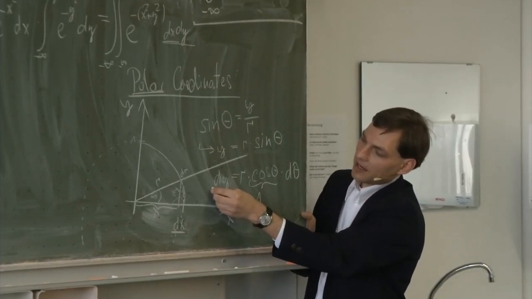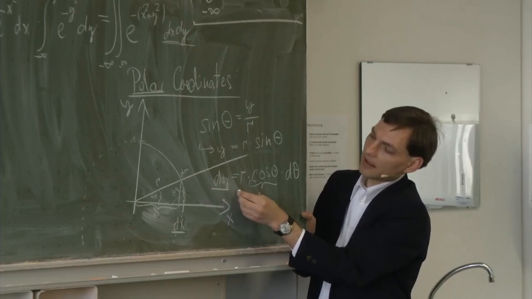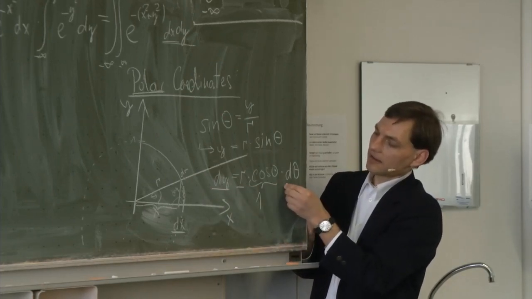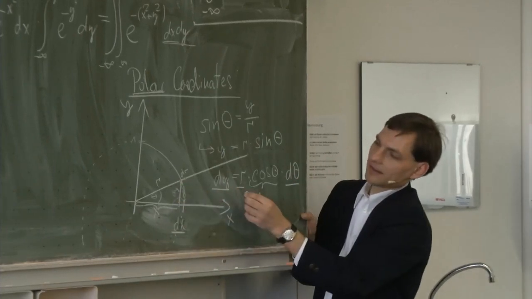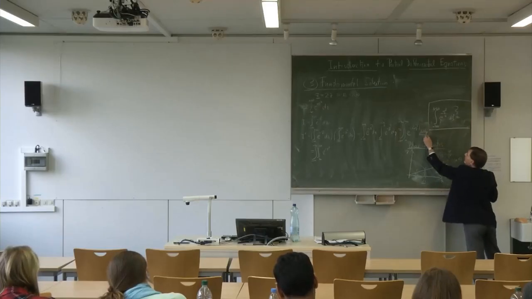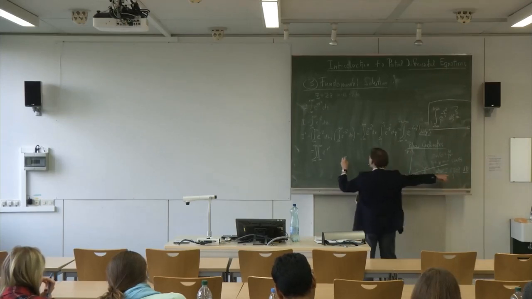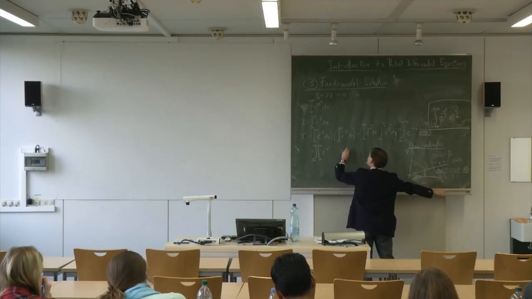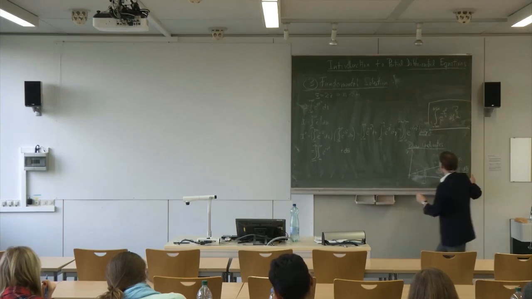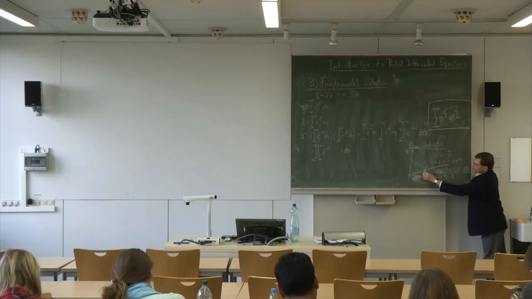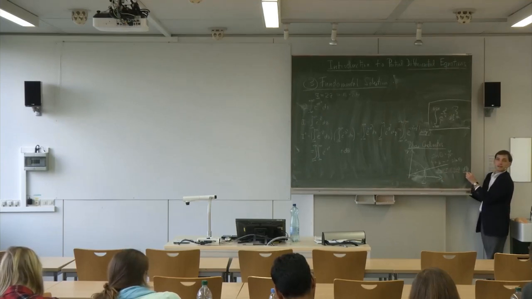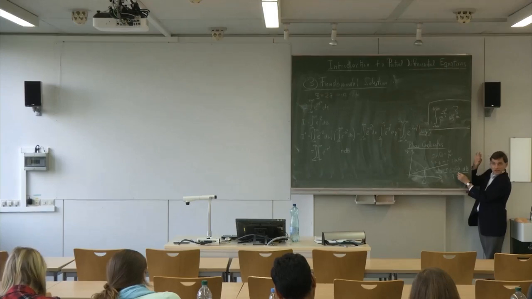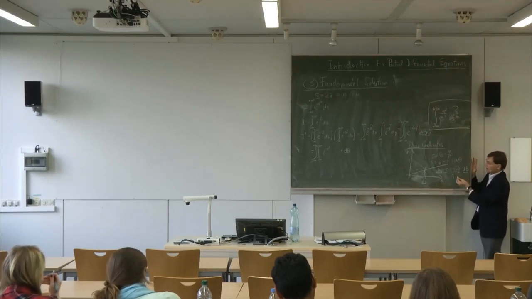So we can see from here that my dy can be written as r times d theta. This length is this dy. Instead of dy, I can write r d theta, because the cosine for theta almost 0 is 1.